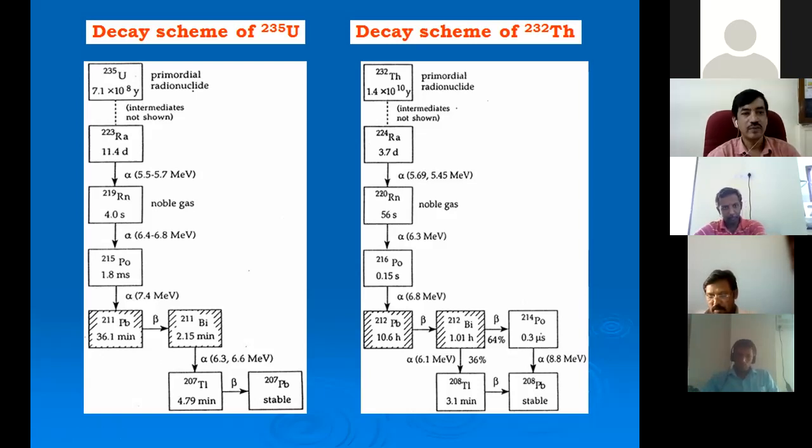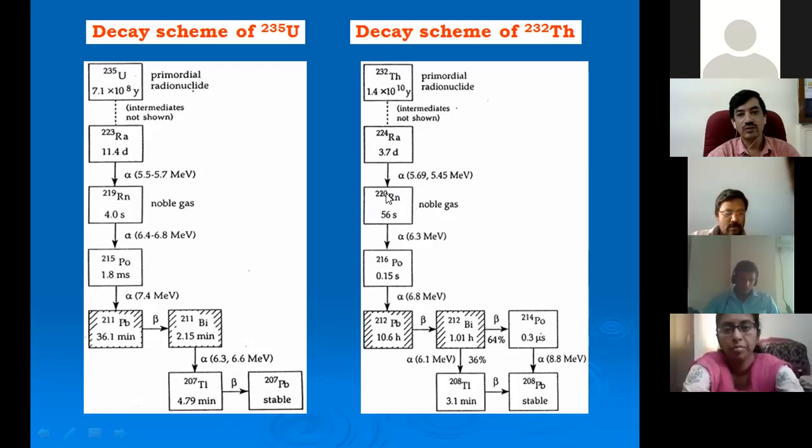Even if you find it, it will be a very, very small quantity. Radon-220's half-life is also small, less than a minute.